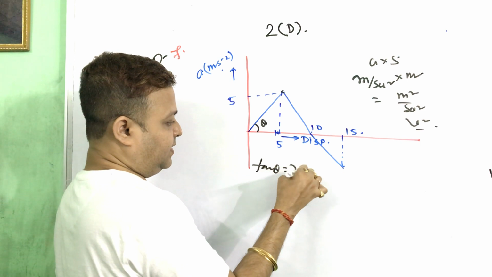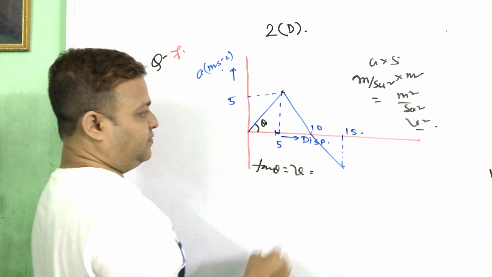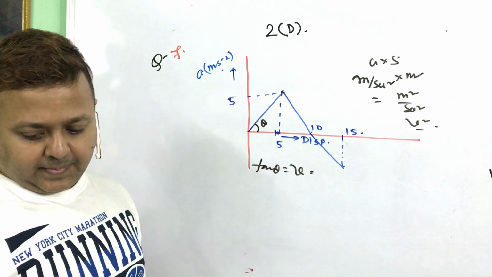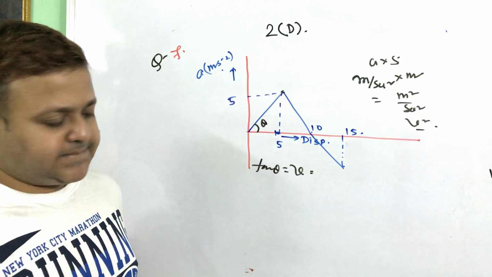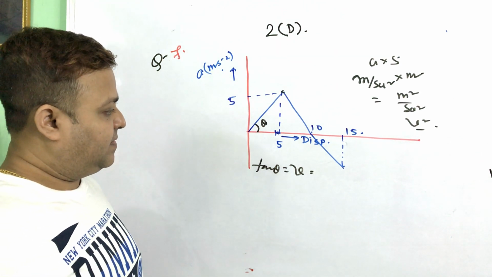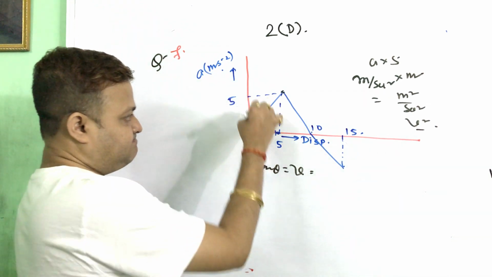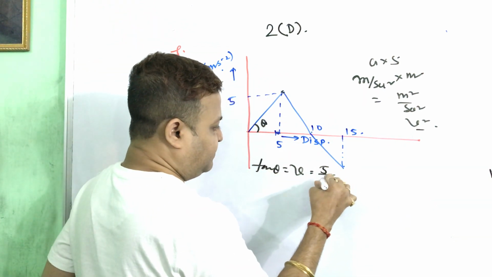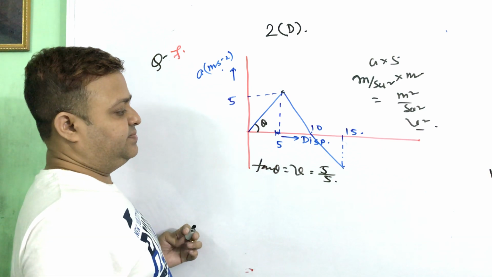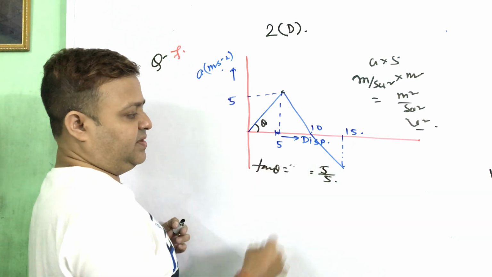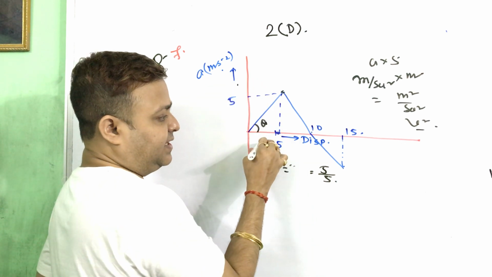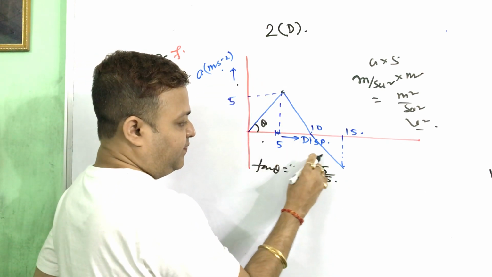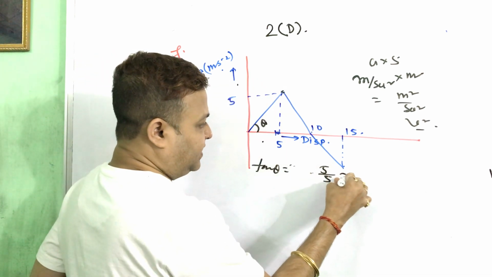Tan theta, that is the velocity, that is equal to 5 by 5, right? So tan theta equal to 5 by 5, that is the slope of the acceleration displacement curve.